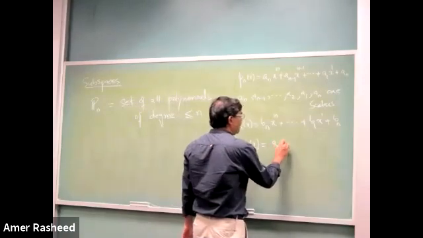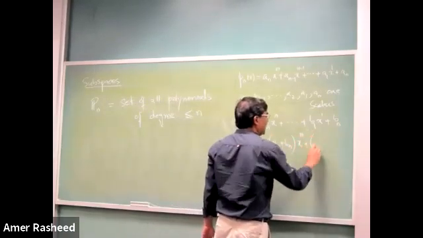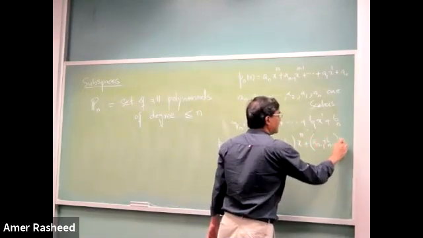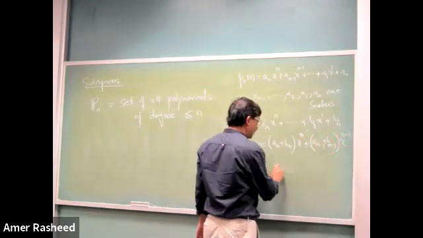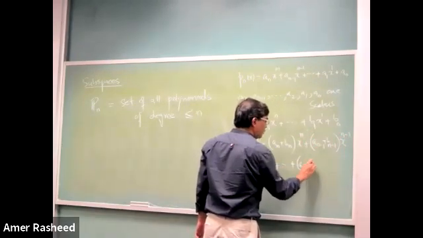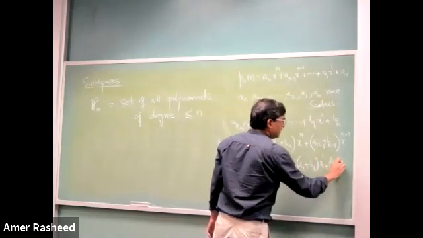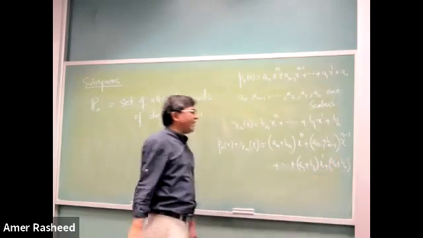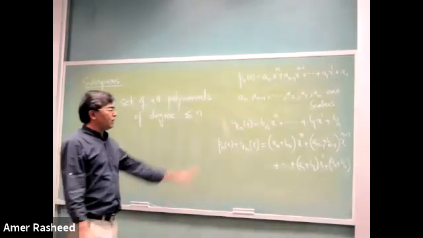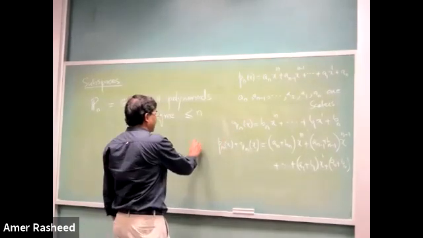So this is (a_n plus b_n) x to the power n plus (a_(n-1) plus b_(n-1)) x to the power n minus 1, plus so on, plus (a_1 plus b_1) x plus (a_0 plus b_0). This is the standard addition of two polynomials of degree less than or equal to n.